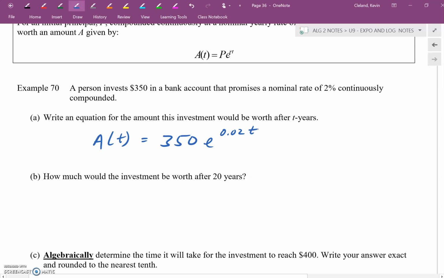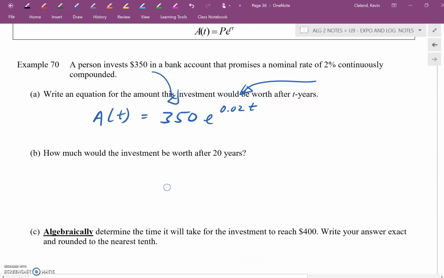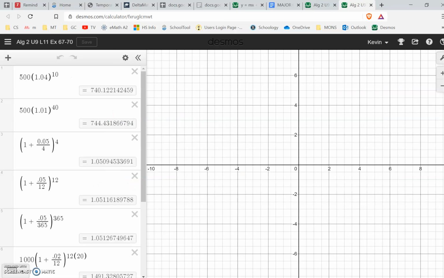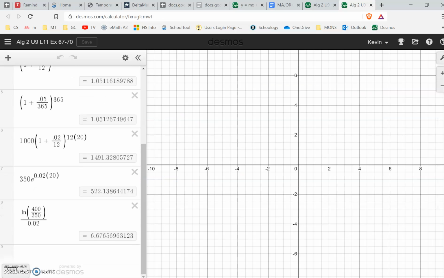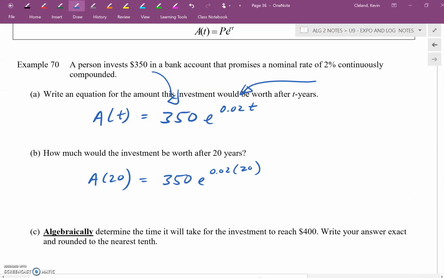We just literally plug everything in, a 2% rate, investment of 350 bucks, and then let's evaluate it. How much after 20 years? Plug in 20 for the time. And I evaluated this as well. There it is on line 7, 522 bucks roughly.